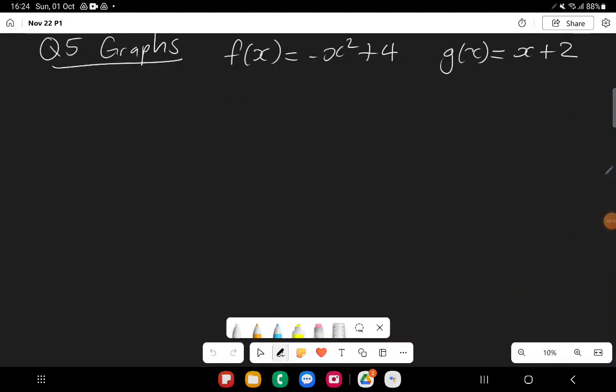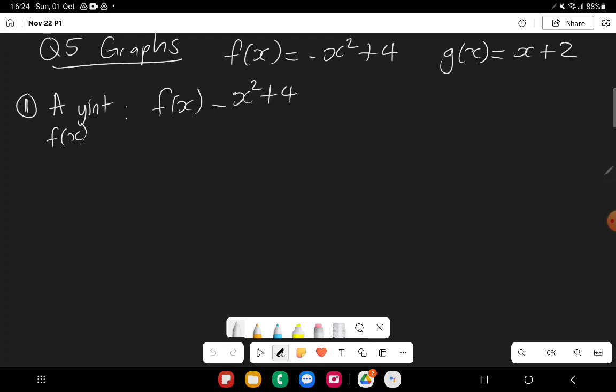All right, question number 1 says, what are the coordinates of A? And we said A is both the turning point and the y-intercept for f(x). So f(x) is negative x squared plus 4.